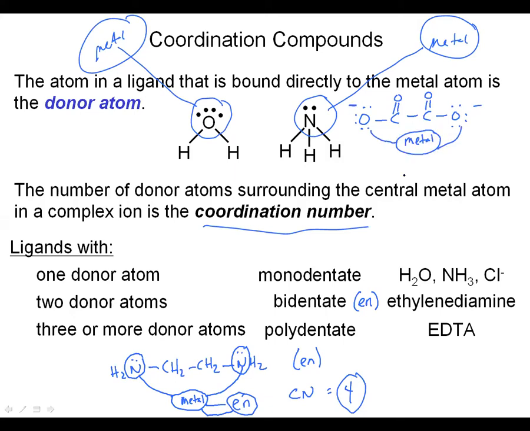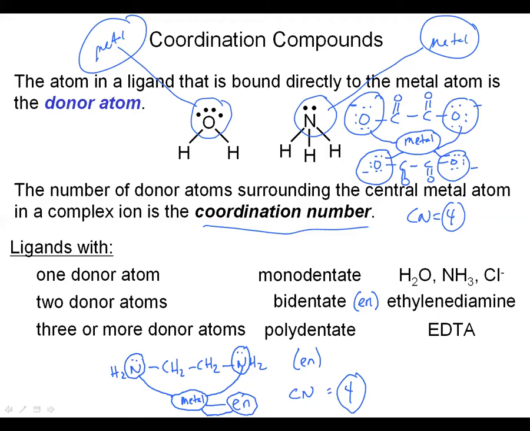So again, if you happen to have 2 molecules of oxalate binding in, this guy would also bind in here, and you would then have 1, 2, 3, and 4 atoms directly binding to the metal. The coordination number here would be 4 as well.